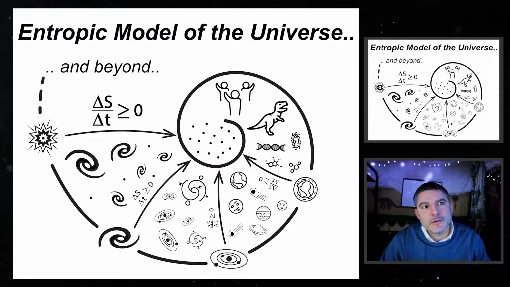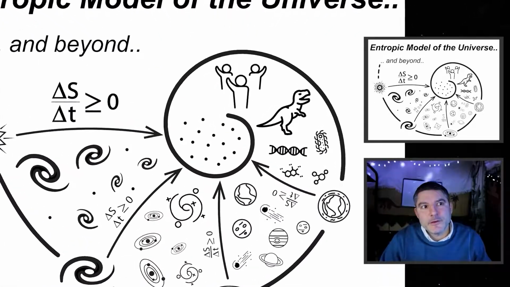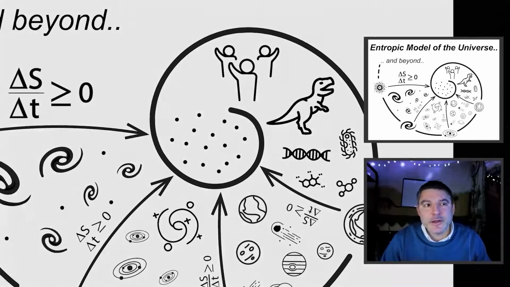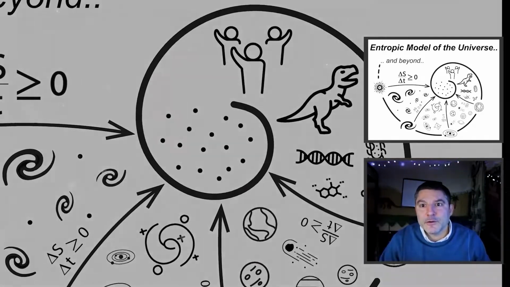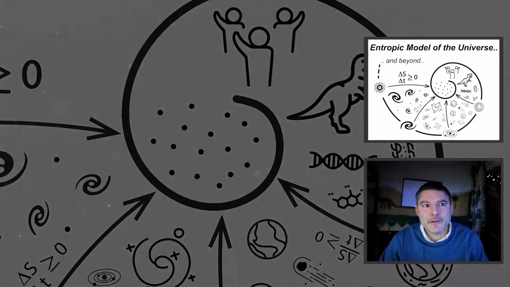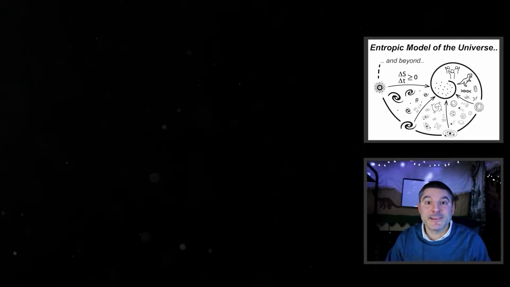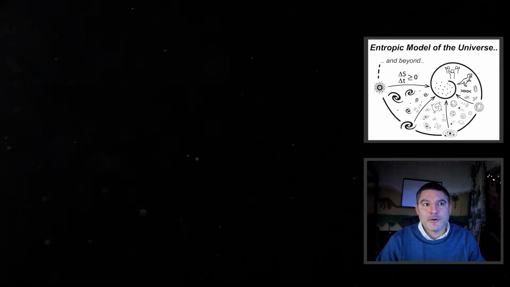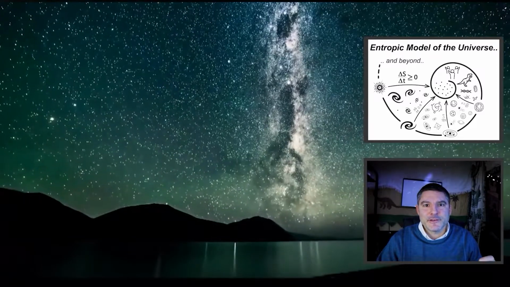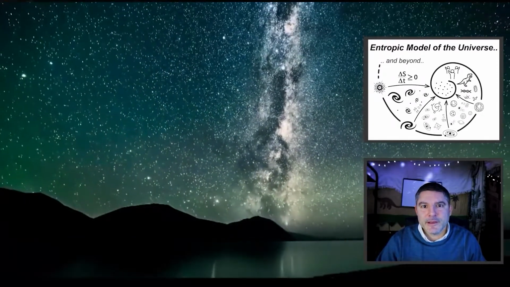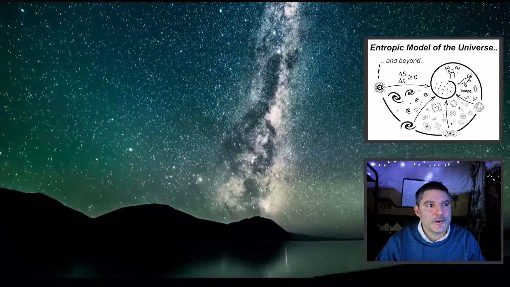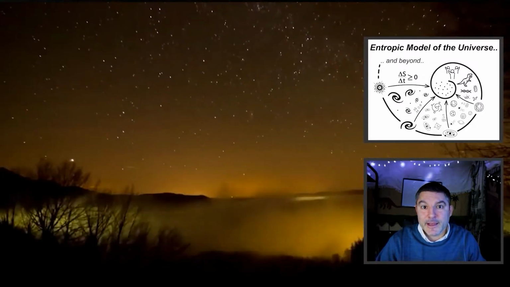We see these arrows where everything becomes so dissipated, so at equilibrium, from hot to cold, from order to disorder, that everything is so spread out and reacted and done with that even the concept of time is not a thing, because there's no real point to compare any other point in space to where there would be anything going on. But don't worry, that is trillions and trillions of years away, and we are really just at the beginning of this universe of ours at 14 billion years in.